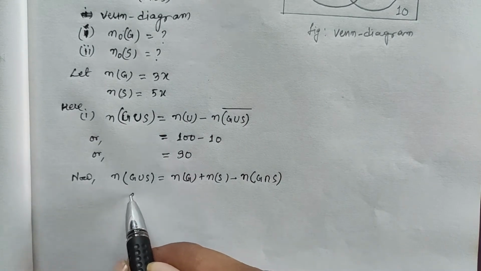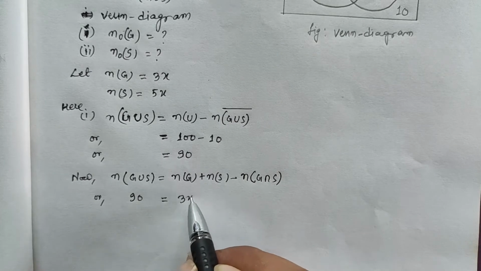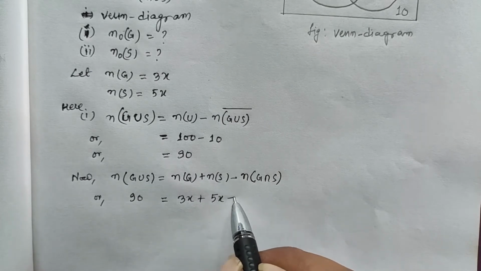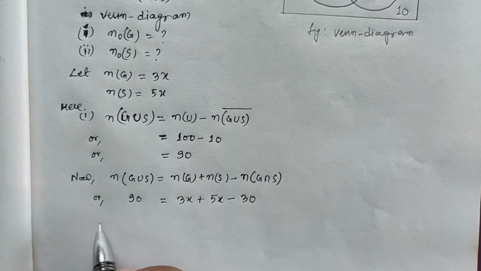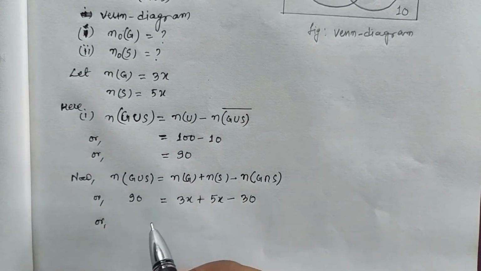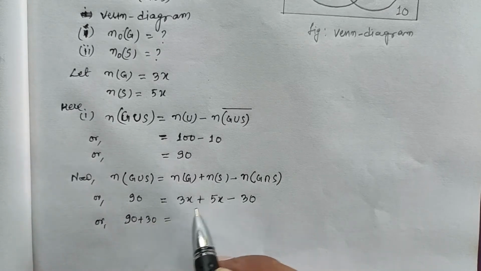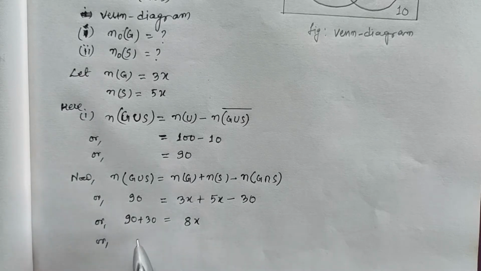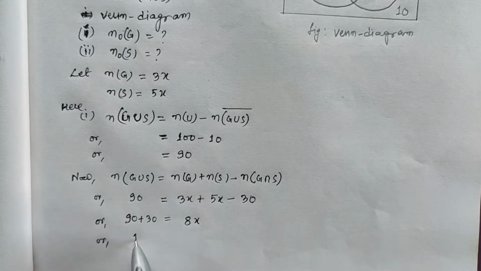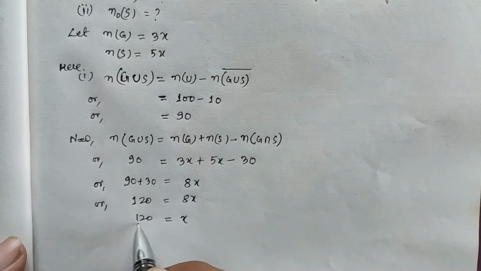So this is 90, n(G) is 3x, this is 5x, minus intersection is 30. I will take this 30 on the left side. 90 plus 30 equals 3 plus 5, which is 8x. So 120 equals 8x, or x equals 120 by 8.